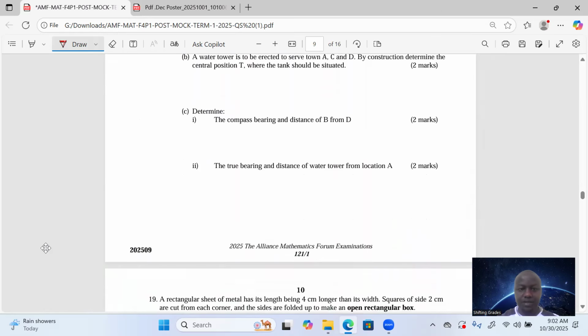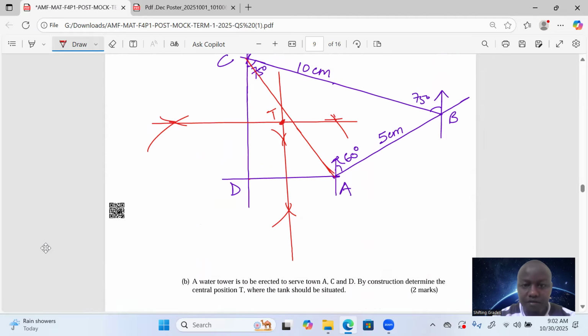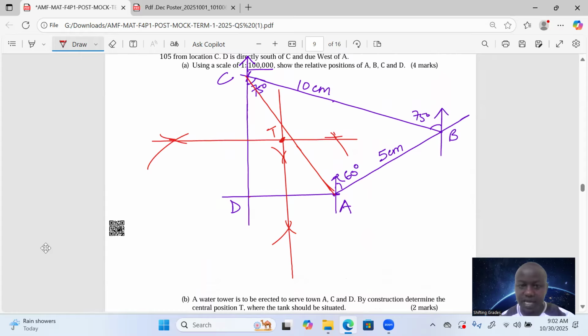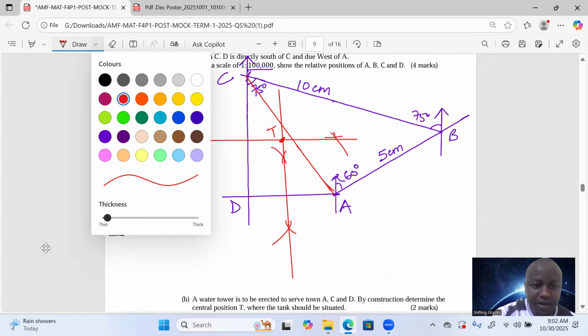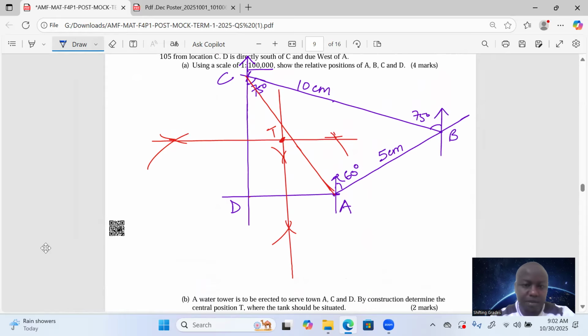Look at part C. The question says, determine the compass bearing and distance of B from D. First, you join B and D, because you can't talk about bearing until the two points are connected.